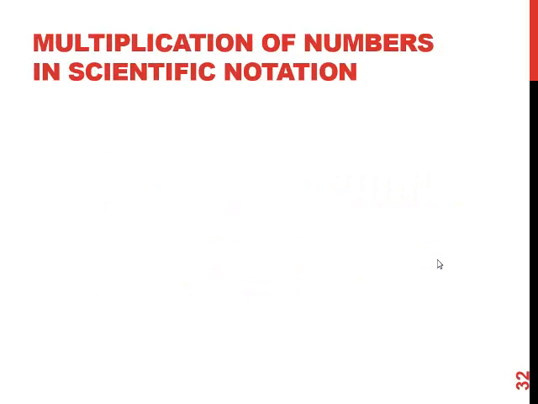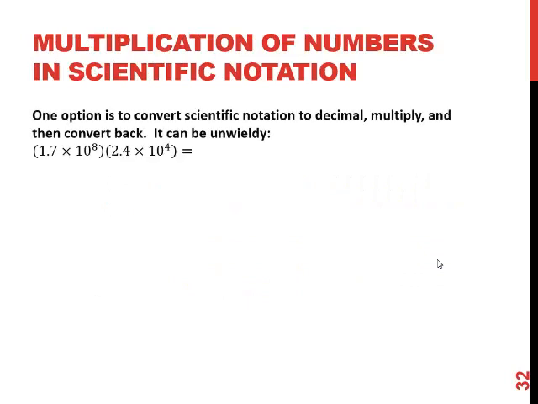We need to know how to multiply numbers in scientific notation. One option is to convert from scientific notation to decimal, do the multiplication, and then convert back. So we'd have, in this case, 170,000,000 times 24000.